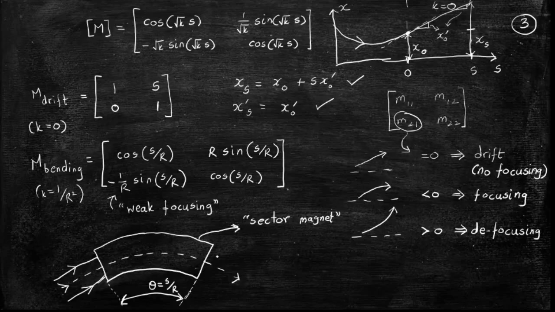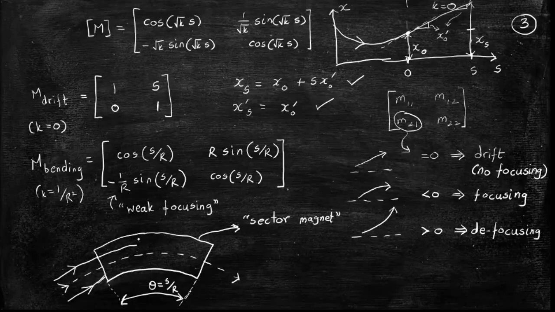It is going to go like this. Now this particle which travels at a slightly outer path will also bend like this. But how much total distance will it travel through the magnet? It will be greater than the distance traveled by the nominal particle, right?